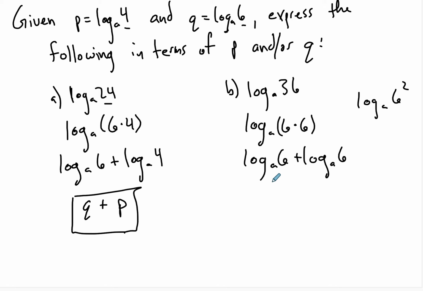And log a of 6 is equal to q, so if I say q plus q, and adding like terms here, I'm going to have 2q. So this question is really just to get you to use the same rules in a little bit more flexible fashion. If that's a challenge for you, just trying to break it up by really expanding this expression will get you some part marks, and then hopefully you can see that they equal something that is already represented.